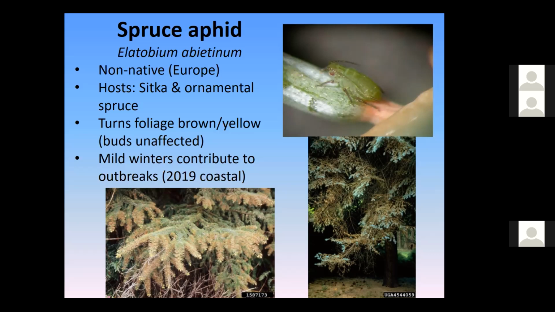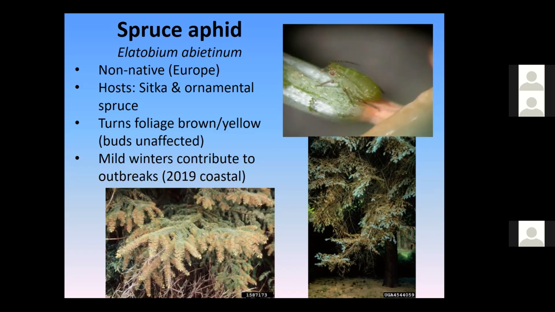And so the last big outbreak of spruce aphid, I think it was around 20... Okay, I'm not going to say the year because I can't remember exactly. But you can see the weather pattern was similar for the 2019 outbreak.